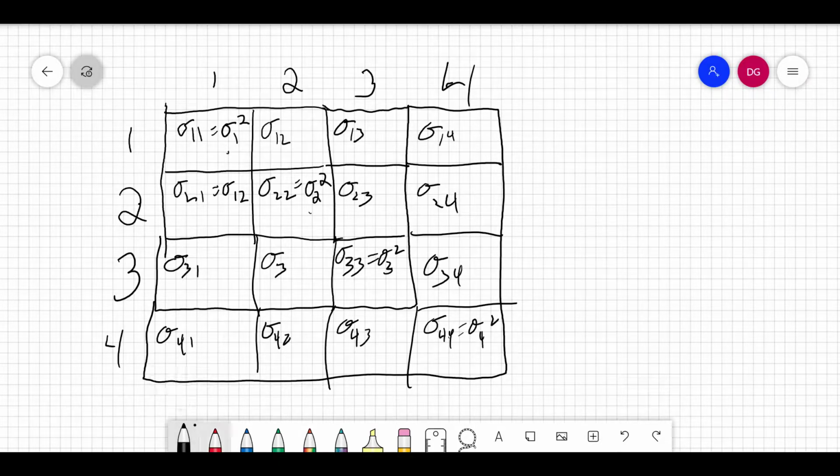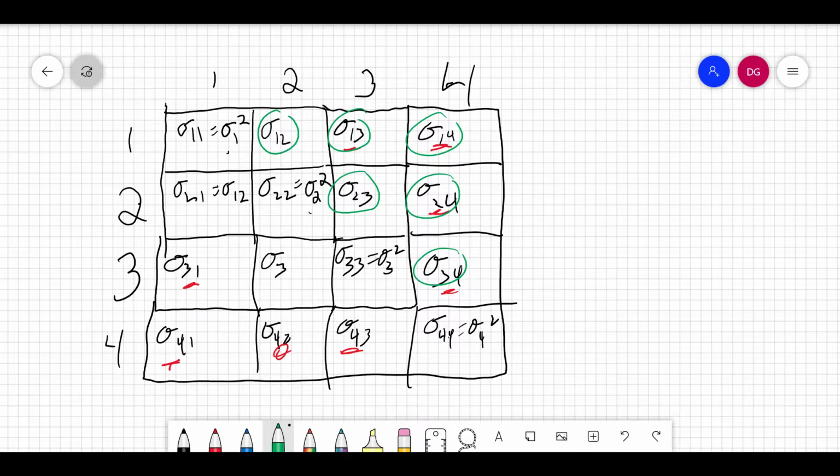And again, I can see that 4,1 is going to equal 1,4, 4,2 is going to equal 2,4, and 4,3 is going to equal 3,4. So I can see the number of unique terms is going to be 1, 2, 3, 4, 5, 6 unique covariance or correlation terms.